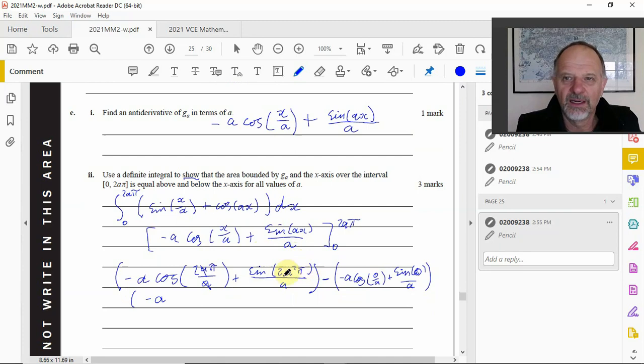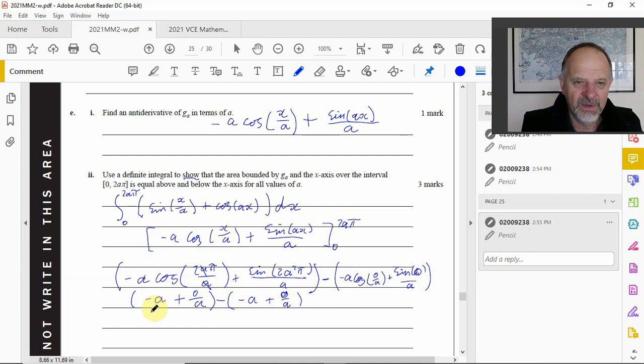So we end up with 0 on A for that bit, minus, cos of 0 is 1, so negative A here, and then sine of 0, of course, is 0, 0 on A.